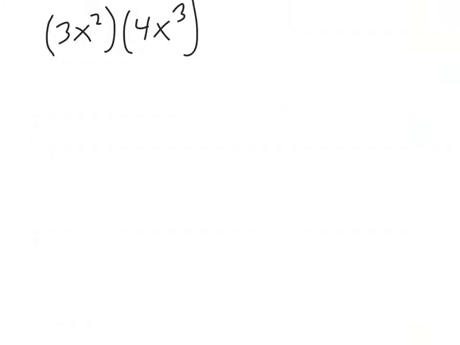Alright, now let's look at some examples. So here we have 3x squared times 4x cubed. When you have the numbers in front, these are known as coefficients, you take the numbers in front and multiply those first. So 3 times 4 will give us 12. Then we look at the exponents. So we have x squared times x to the third.